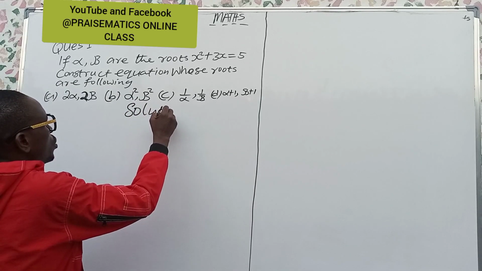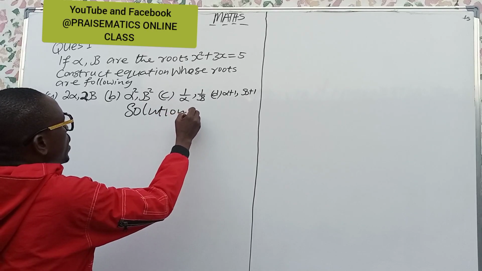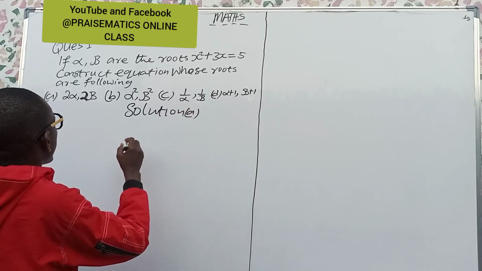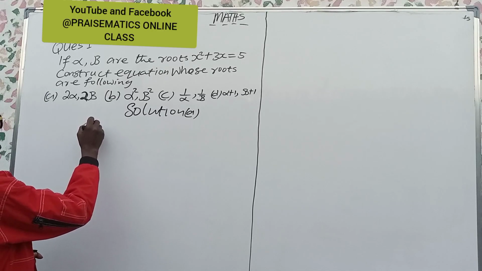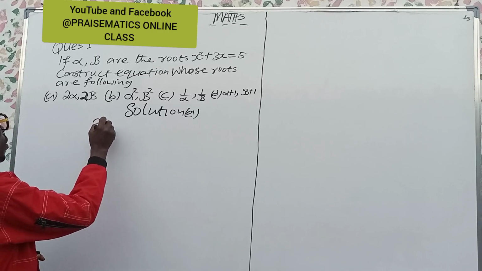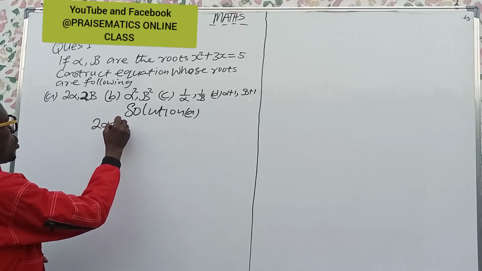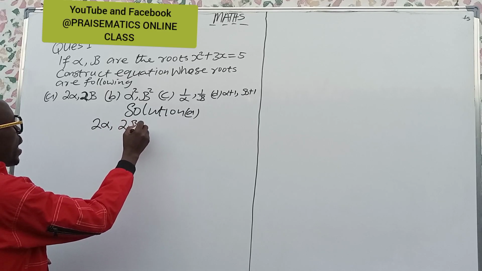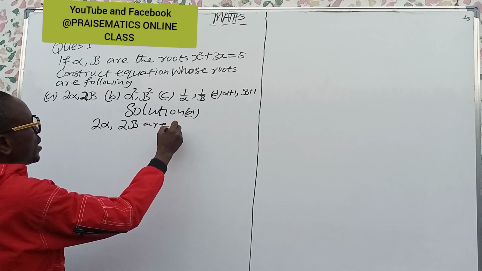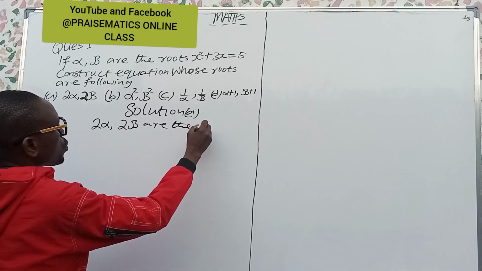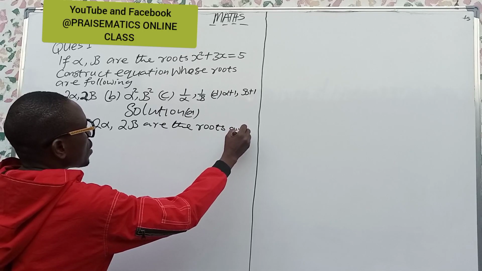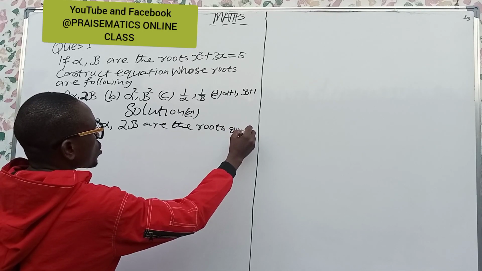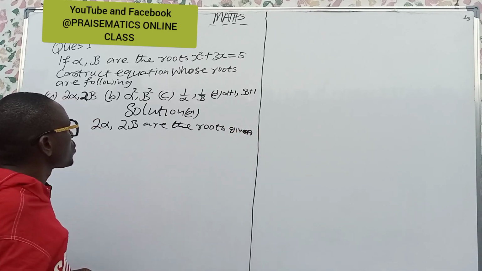Solution A. From this place we are going to look at 2 alpha, 2 beta as the roots given.